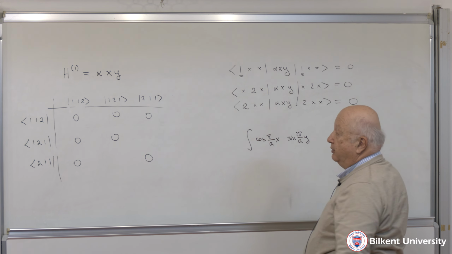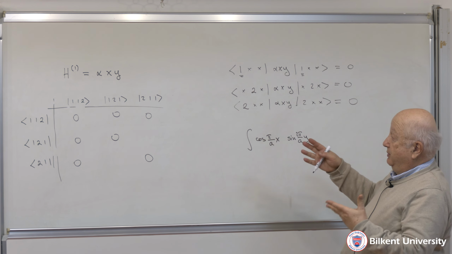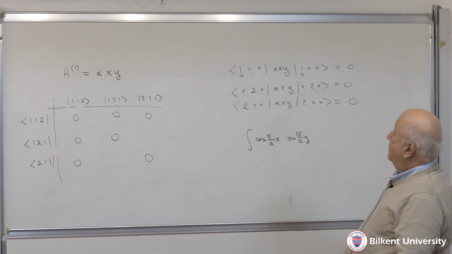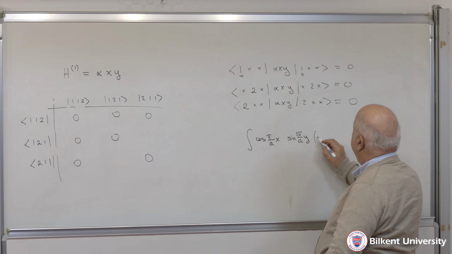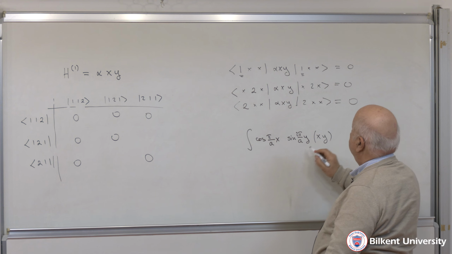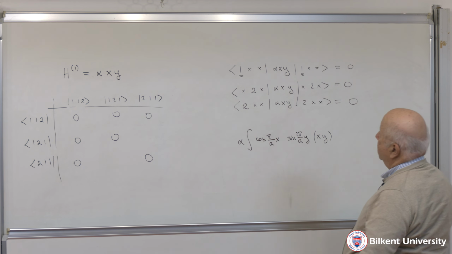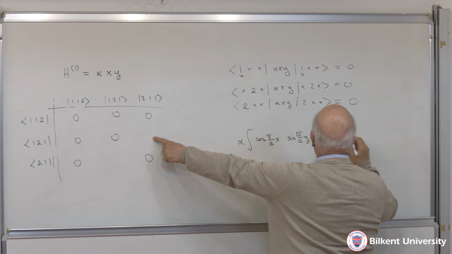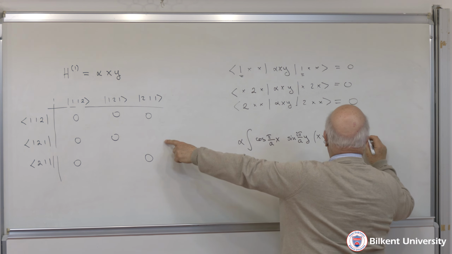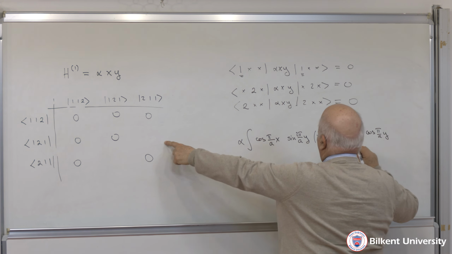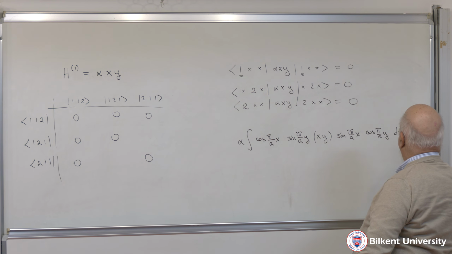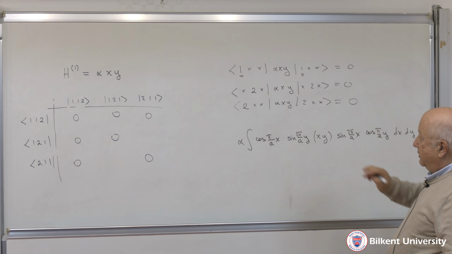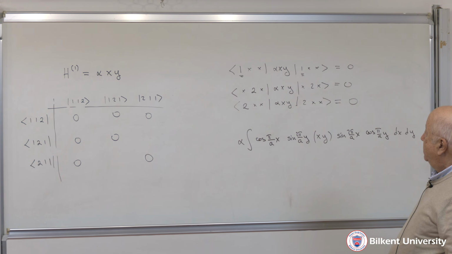I'm not going to write even the z direction because they are just both 1 and 1. In the middle I have an x and y, and then alpha. And on the right-hand side, I have sine 2 pi over a x and cosine pi over a y, dx dy. And there will be normalization also.